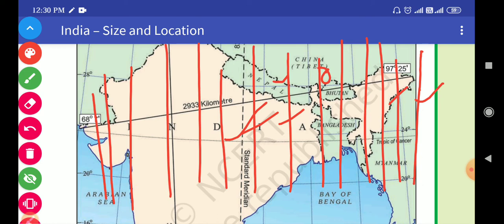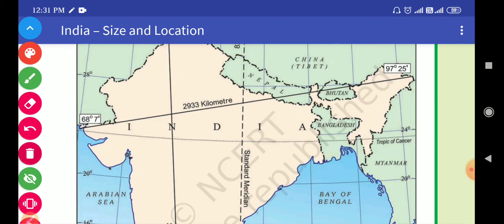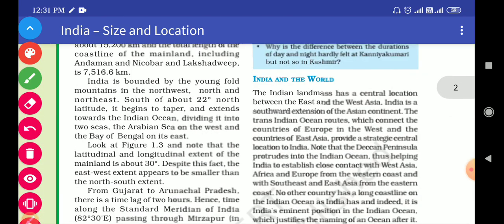In other words, in order to avoid the mess created by different regional times, as these longitudes have different local times, there had been 30 different local times in India, and this was creating a lot of confusion. So to avoid this confusion, we have selected one standard meridian, which passes through Mirzapur, UP.